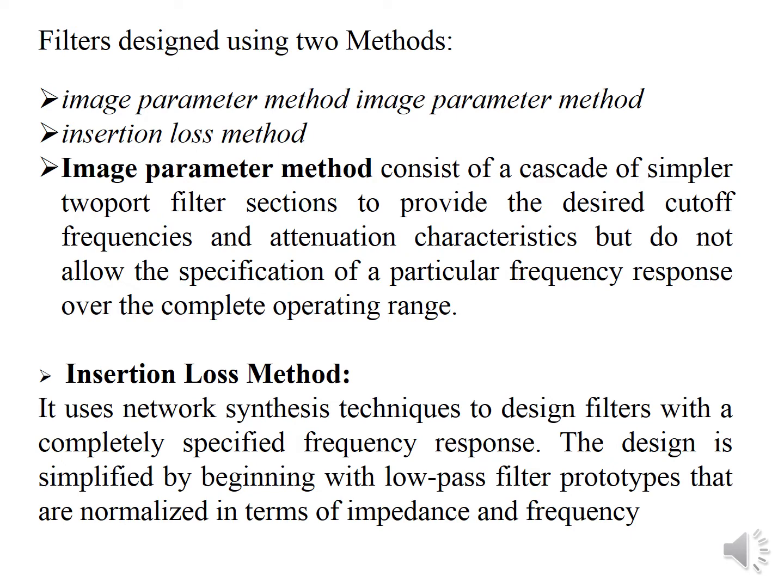Next is the insertion loss method. By using the insertion loss method we can design the filter within the specified frequency that we actually need. This design is simplified by using low pass filter prototypes at the beginning, and they are normalized in terms of both impedance as well as frequency.